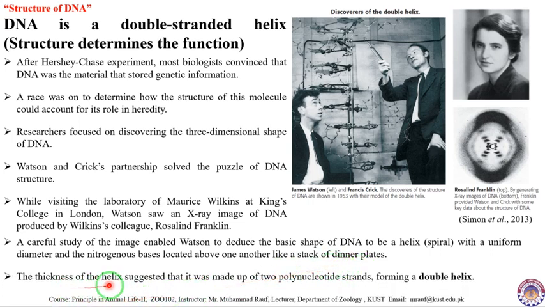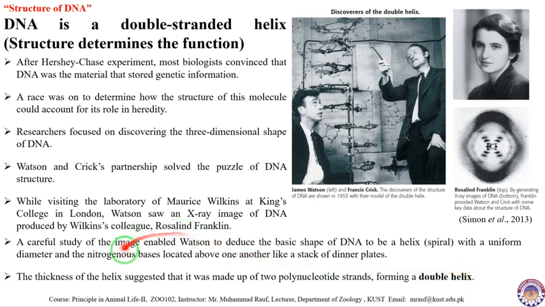The thickness of the helix suggested that it was made up of two polynucleotide strands. DNA, as you know already, is a double helix structure and it has two strands. The two strands are oriented in opposite directions.